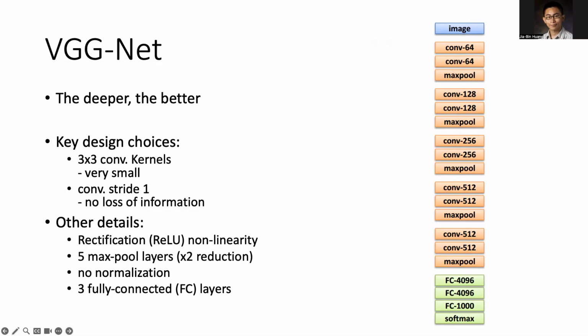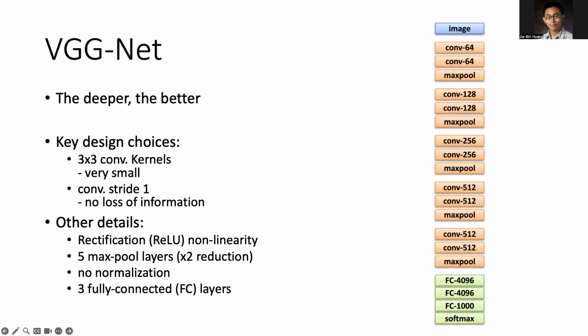So the first one is probably VGGNet. It's highly influential. The basic idea is that at that time, AlexNet was just maybe a 5-layer neural network. What they said is that you can scale this up by making things deeper, okay? So the deeper, the better. That's the basic idea of this model.